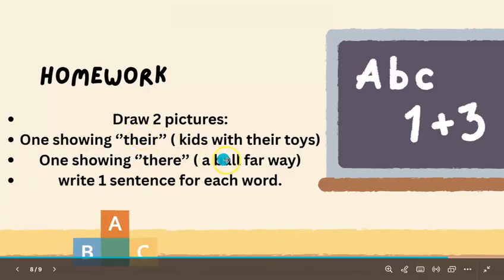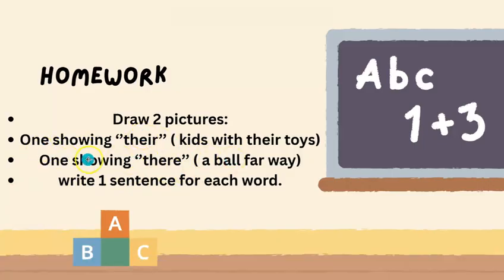So just draw two pictures, one showing their, like the kids with their toys. Kids means it's not going to be just one child, right? This their is actually a plural word. So the kids with their toys, and then the other one showing there, a ball far away. This is just an example, please.